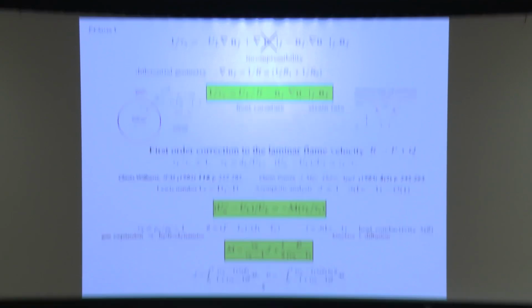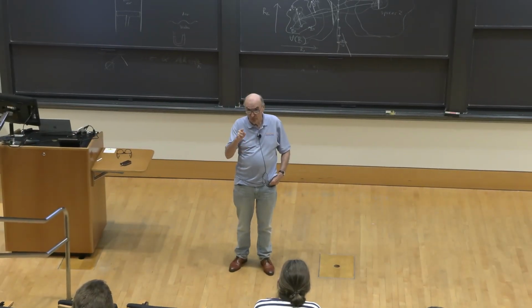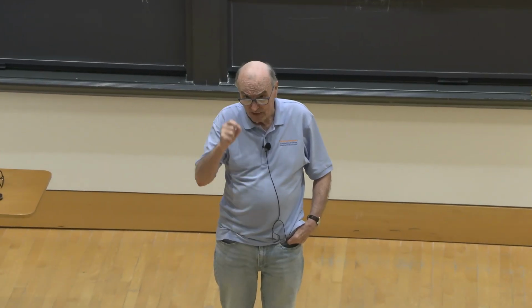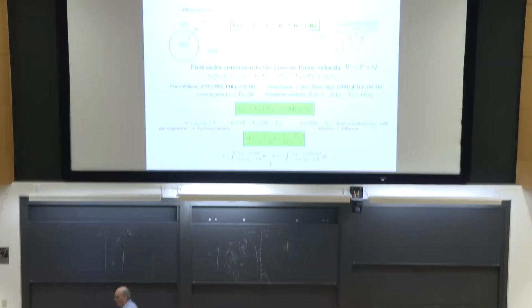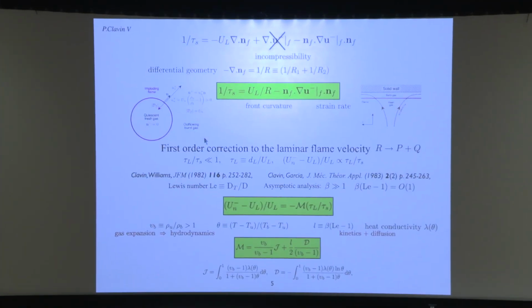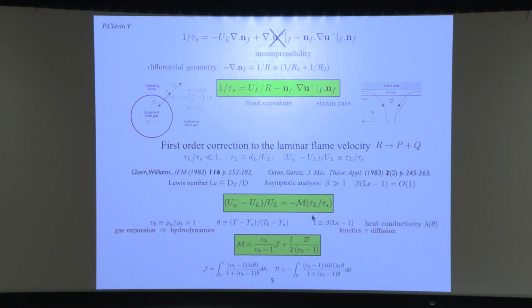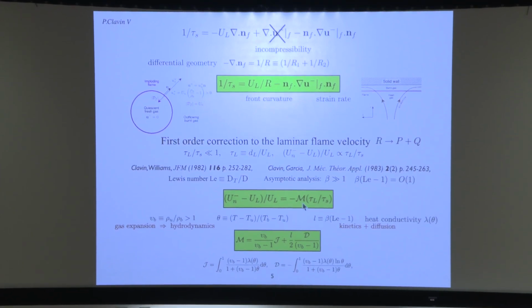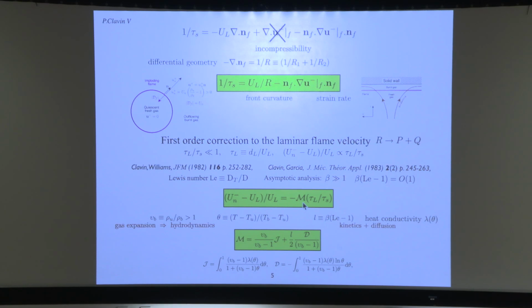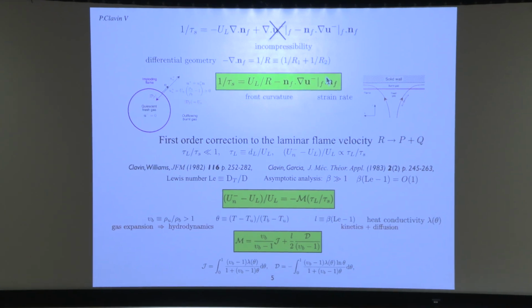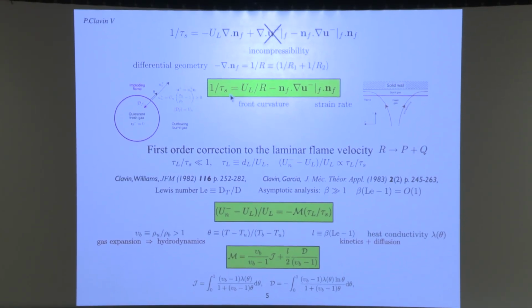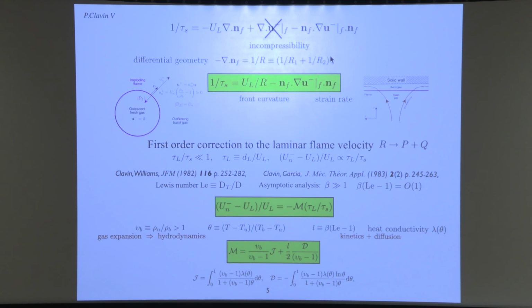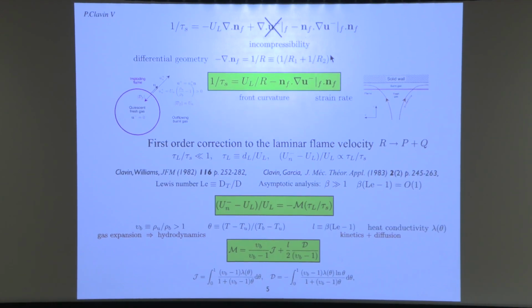It turns out, if you use a one-step Arrhenius law, you can show precisely that when you look for the modification of the laminar flame speed, you have to obtain only one number called the Markstein number, relating this effect here. In a sense, the effect of the curvature on the flame speed is the same for the one-step model with an Arrhenius law.